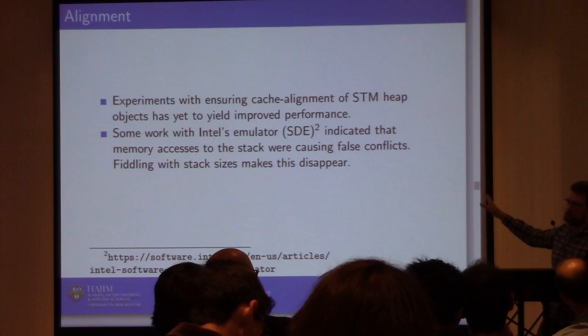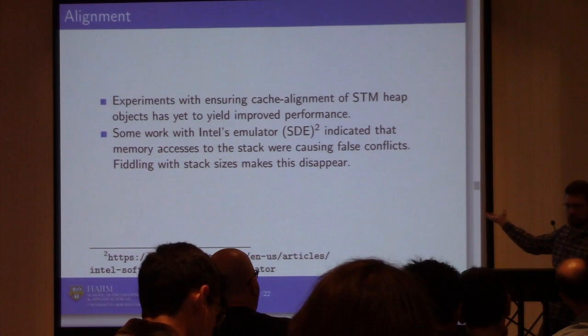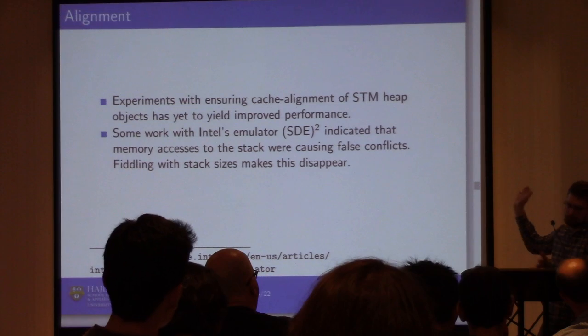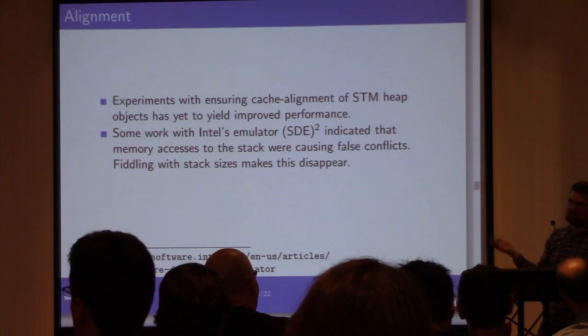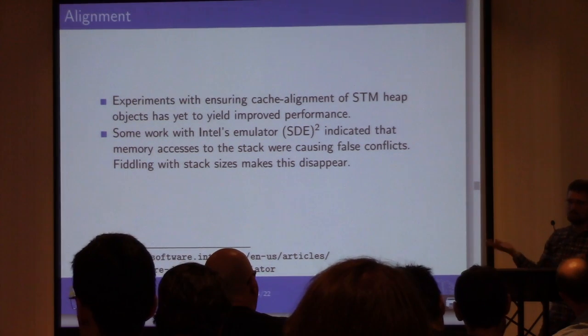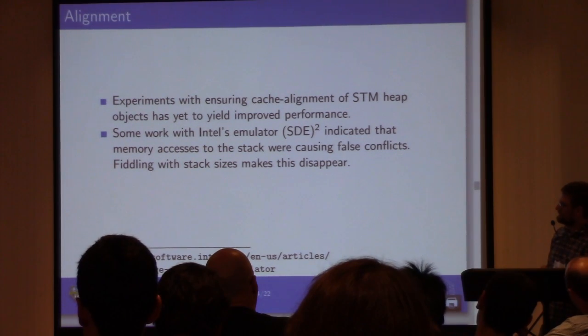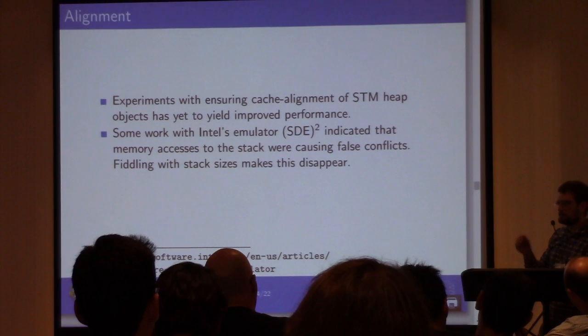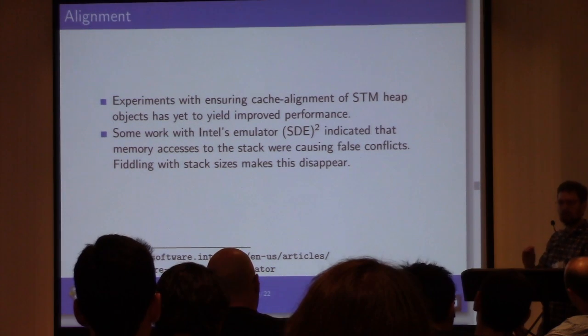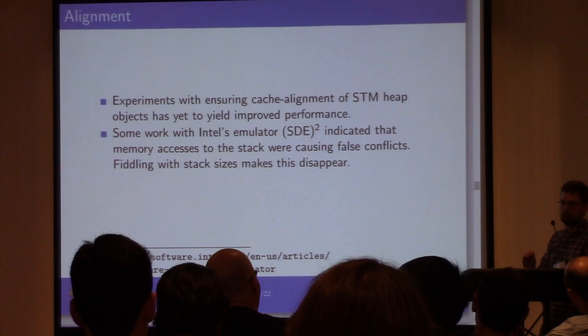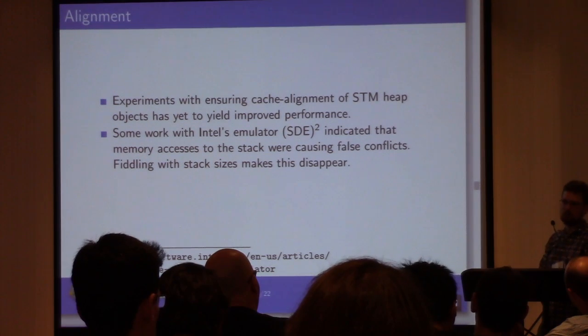So just changing, I think the default is 1K stack sizes, changing it to 4K, all of a sudden things work better. So it's small little details like that that I've fiddled with, but still haven't really found the real root cause necessarily. But I think we're making a lot of progress.